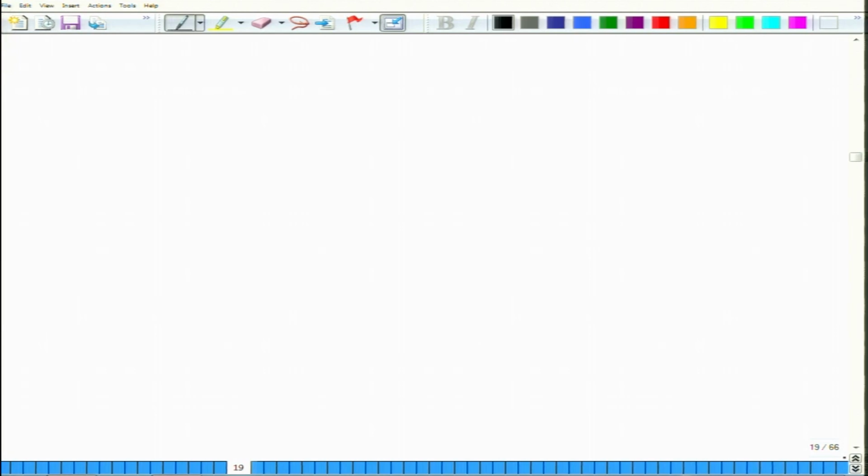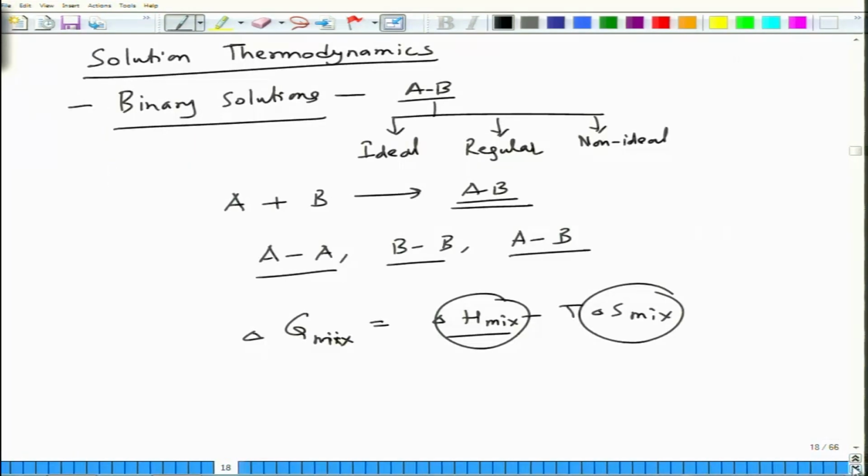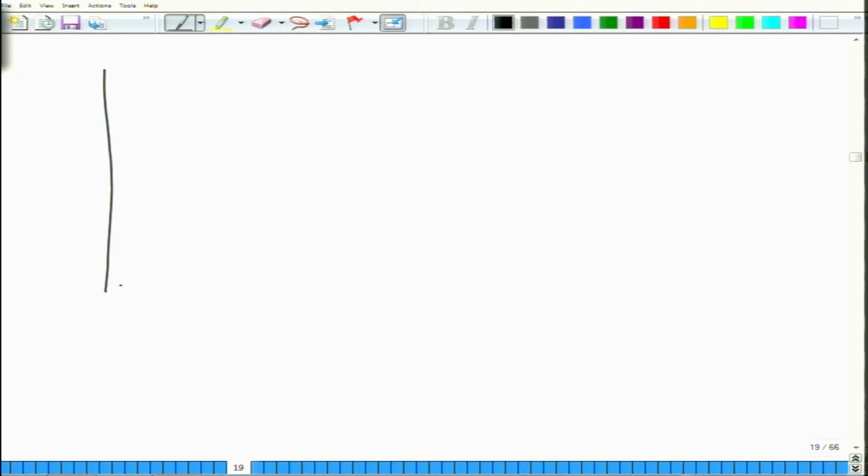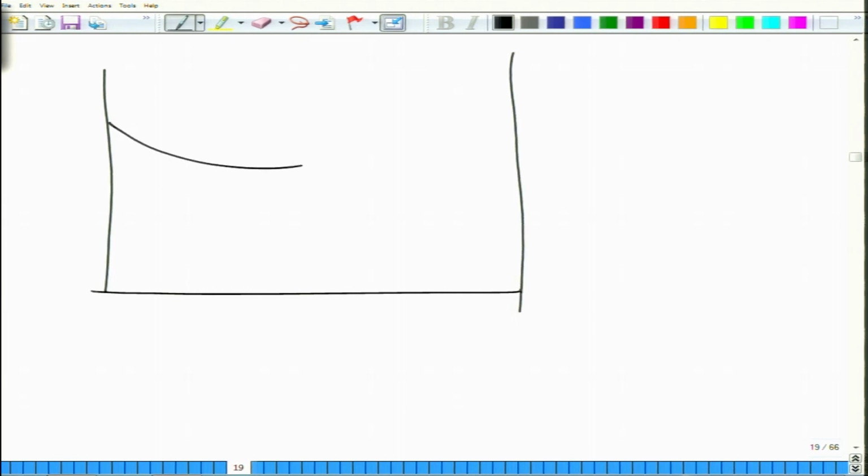So, for instance, delta H mix is also affected by temperature, because there is a temperature term as well. If you look at the variation, the delta G mix goes like this. So this is delta G mix. This is, for example, pure A and B, and from the rule of mixtures, this is delta G mix.